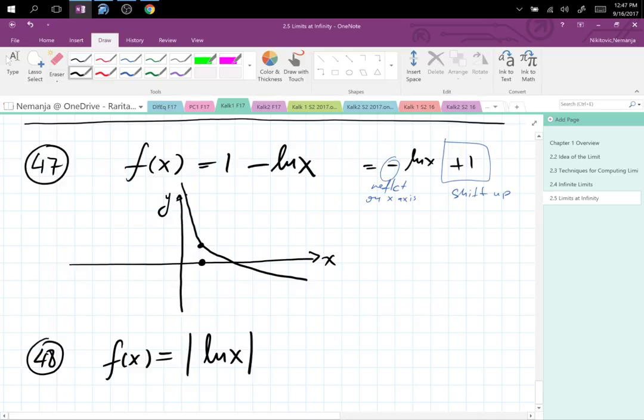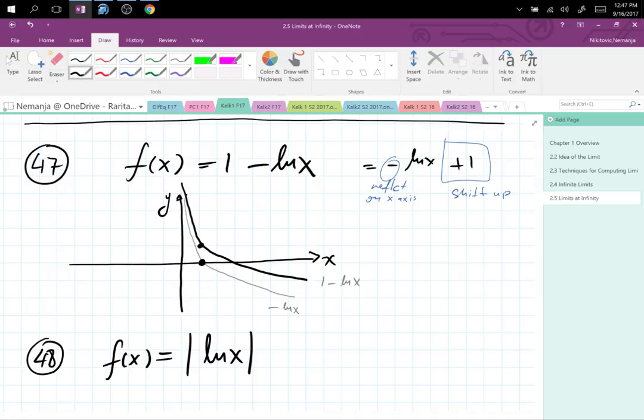So the original graph, gray, is like this, is just ln x, and this is negative ln x plus 1. Actually, I can write 1 minus ln x.